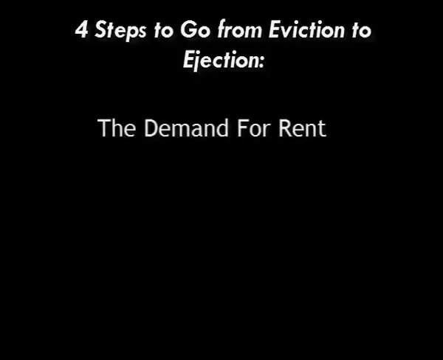Far and away, the most cases that we deal with are about non-payment of rent. There are 4 steps to go from the eviction to ejection. The first 2 steps are initiated by the landlord after the rent is due and is unpaid.